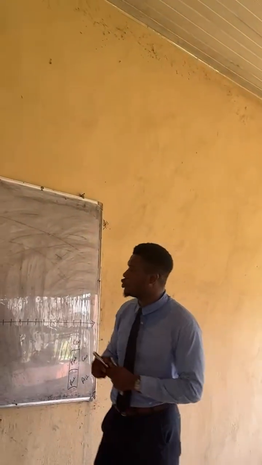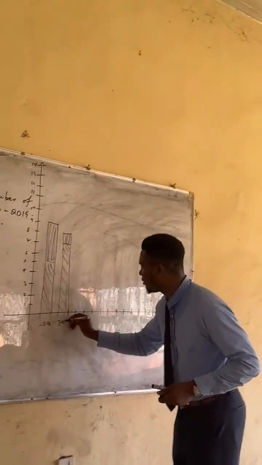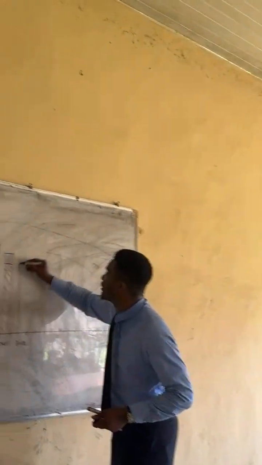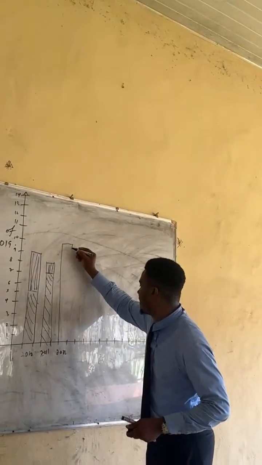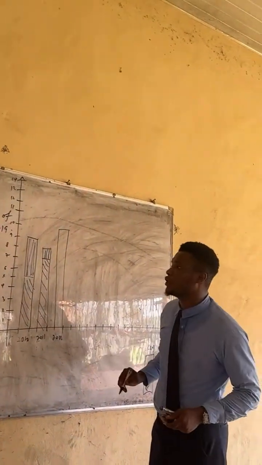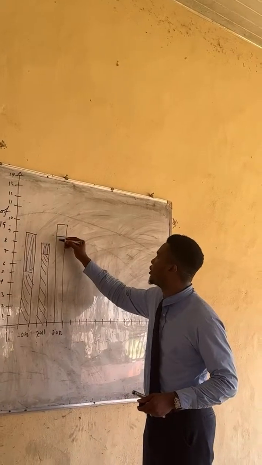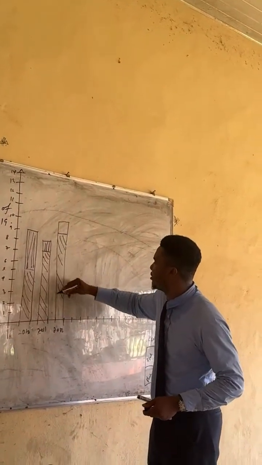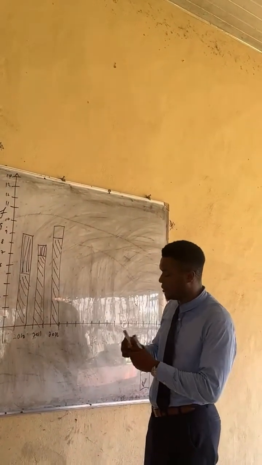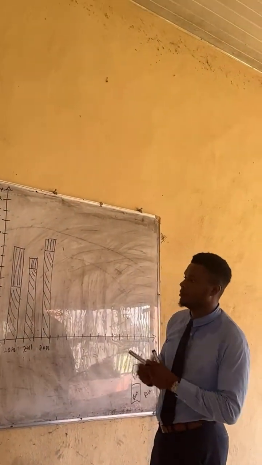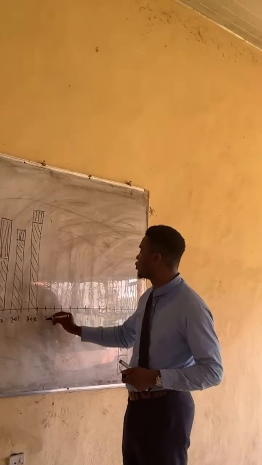Now, come over to 212. This is 211. This is 212. In 212, what do you have? 10. Drag it up to 10. And split. If you split, it will be along 9 and 1. Is it not so? So I'm going to do this for 9. And I'm going to do this for 1. Come to 213.